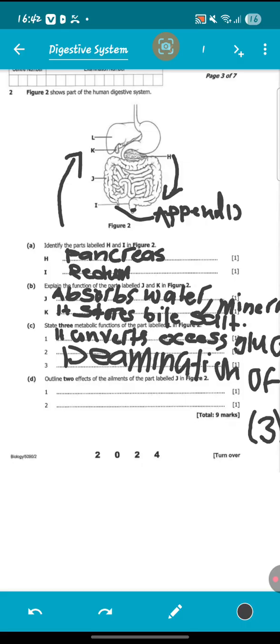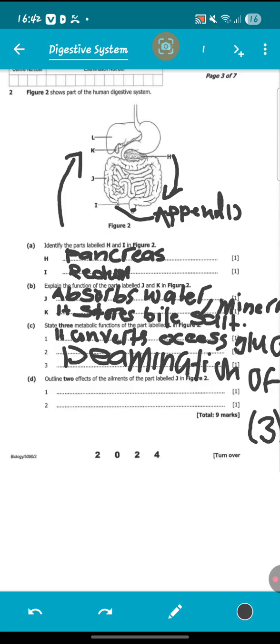Now from there we can conclude that the large intestine is where water, mineral salts, as well as vitamins are absorbed. So if the walls of the large intestine are damaged, what will happen?